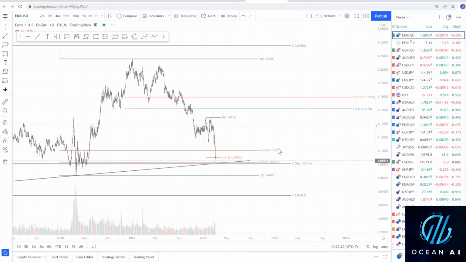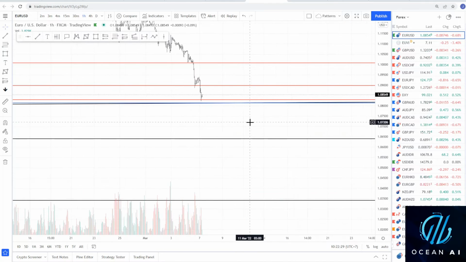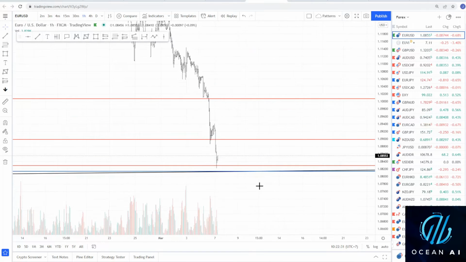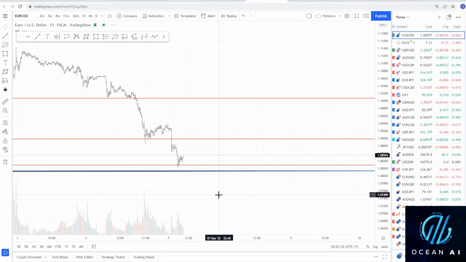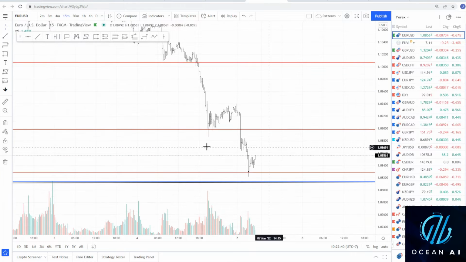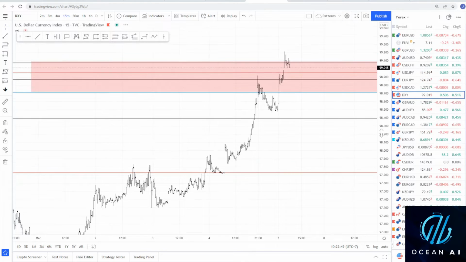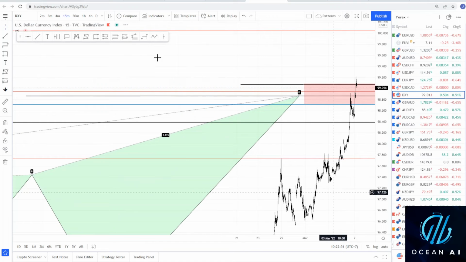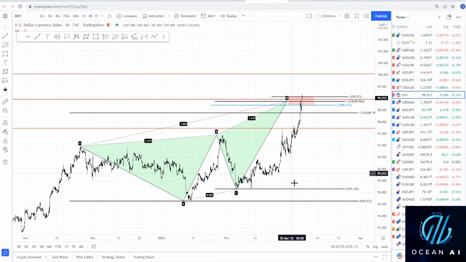Go into the hourly time frame. Started to move off here this morning. Yeah, so this could possibly be the low. And if we go and have a look at the dollar index, that's the same thing. So we've hit, go to the hourly, same thing here.